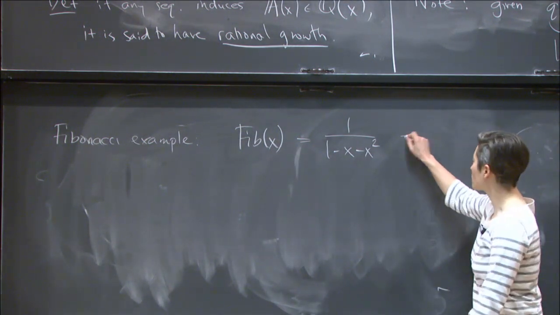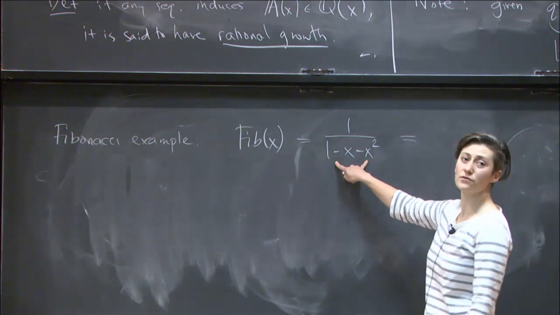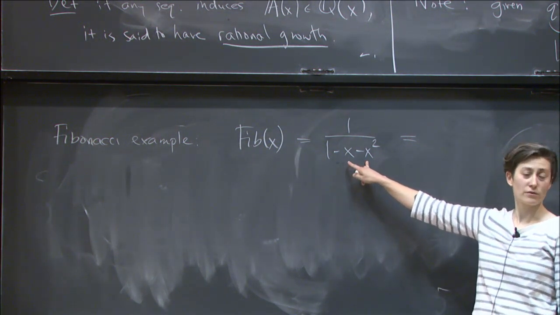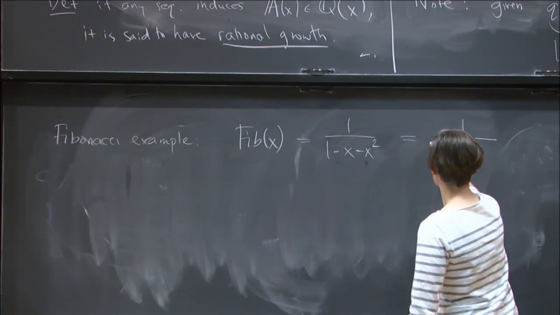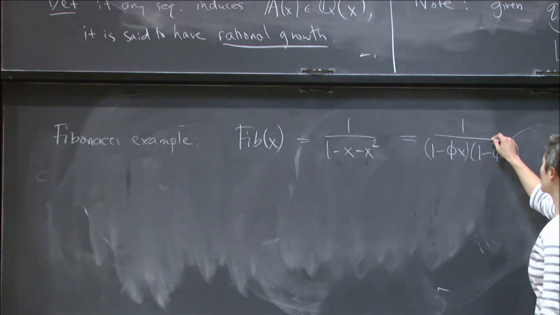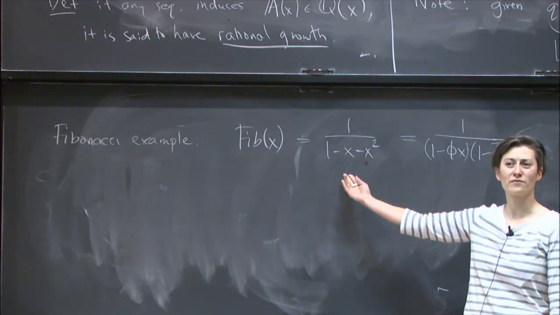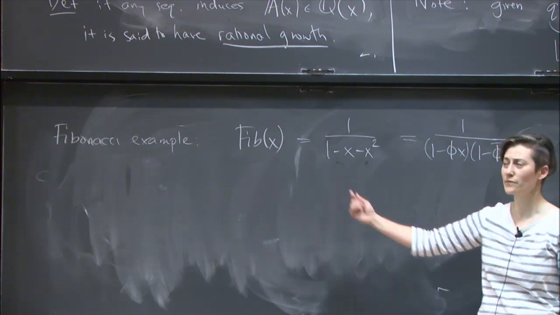You can decompose this by factoring the denominator, right? The roots of this are the golden ratio and its reciprocal. So this is 1 over (1 minus phi x)(1 minus phi bar x). Any questions about that? You just factor this, and you get 1 plus or minus square root of 5 over 2 as the roots.